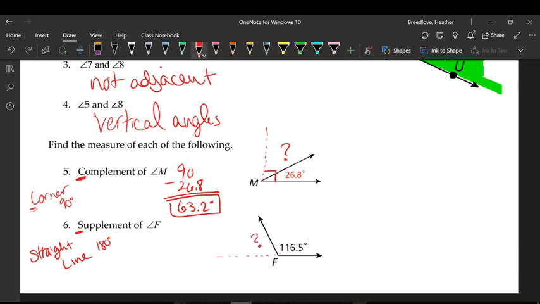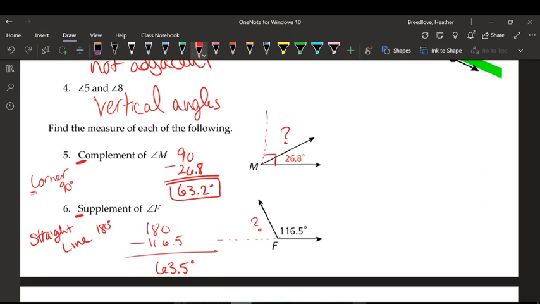So I'm looking for this angle, and I know the total is 180 because a straight angle is 180 degrees. 180 minus 116.5. I don't know who created this with the decimals in it because it seems unnecessary. Would give you 63.5 degrees. Don't forget to label it. 63.5 what? Degrees. We're talking about angles.